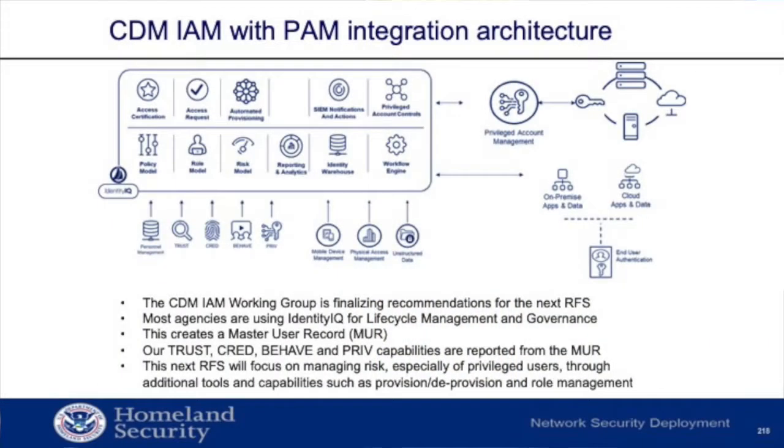So this is what we think it's going to look like for the near term. It's a diagram, but I wanted to talk about all the capabilities, how they fit into CDM, and what we think, at least through the next few iterations, we'll have in place when we build this out. If you look here at the lower left, personnel management, and then I have my trust, cred, behave, and priv. Those are the measures that we're taking right now, and that information will move up to the dashboard over the next year or so.